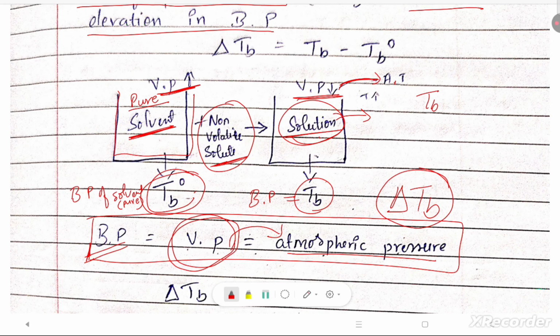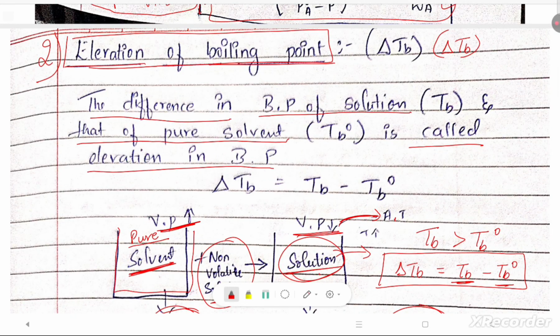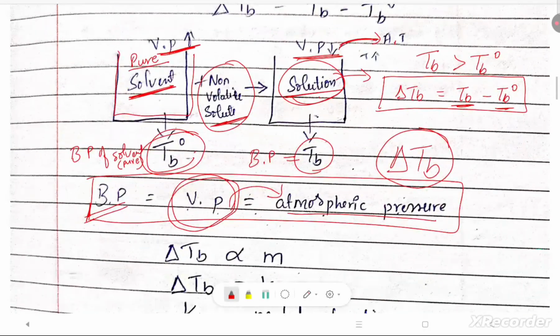That Tb is more than Tb naught. So if I want to calculate delta Tb, I should take Tb minus Tb naught, boiling point of solution minus boiling point of solvent. I will get elevation of boiling point. Understood? So what will happen to boiling point? After adding non-volatile solute, boiling point increases. Remember that one.